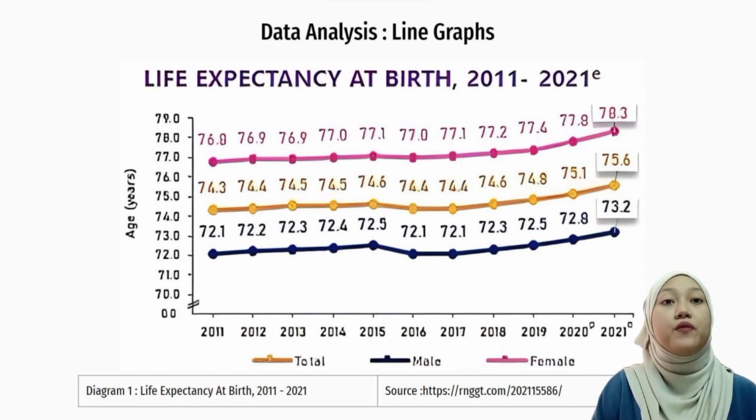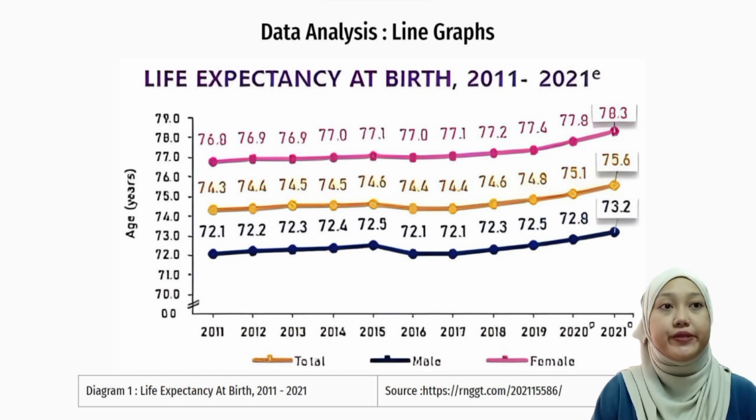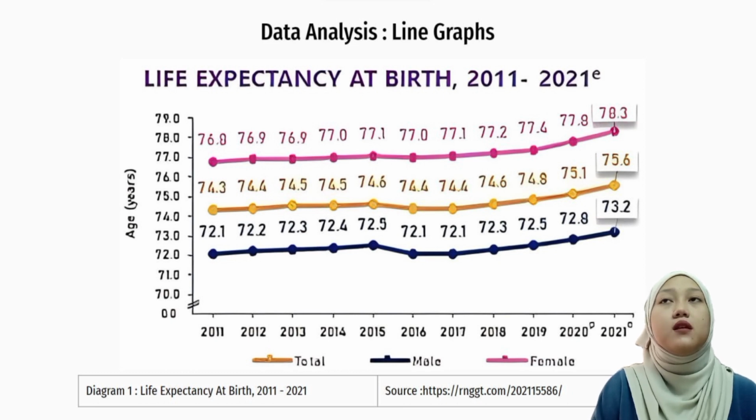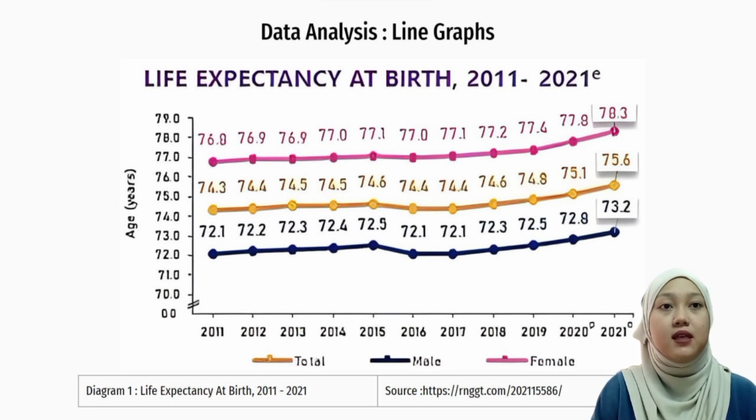The conclusion about this graph is, although the country experienced difficulties during the pandemic, the effect of the pandemic did not affect life expectancy at birth rate in Malaysia. On average, babies born in the country can live to the age of 75.6 years, 1.3 years longer than the life expectancy in 2011, which was 74.3 years.